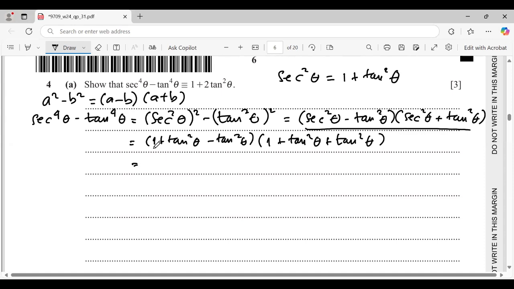The first factor is 1, and the second is 1 plus 2 tangent squared theta. So sec^4 theta minus tan^4 theta equals 1 plus 2 tangent squared theta.